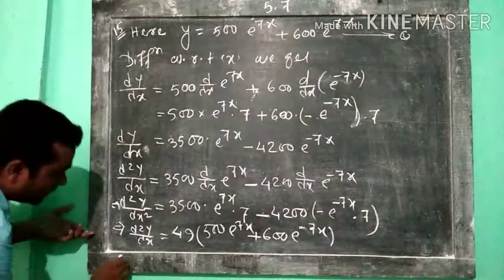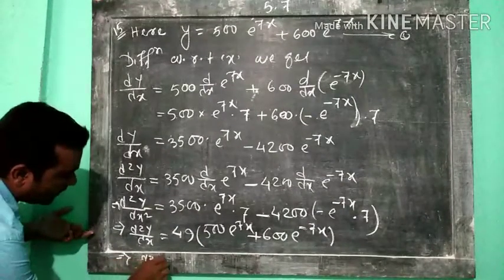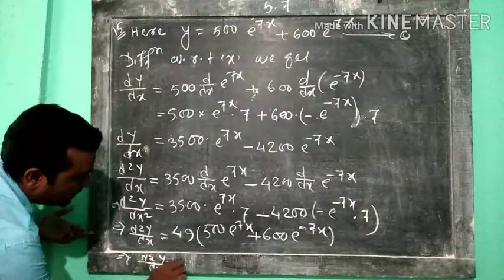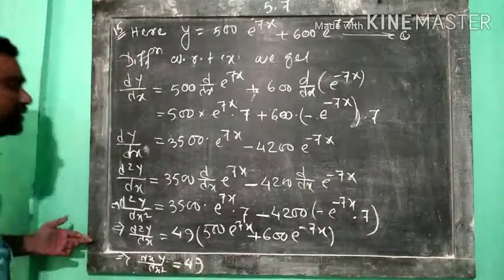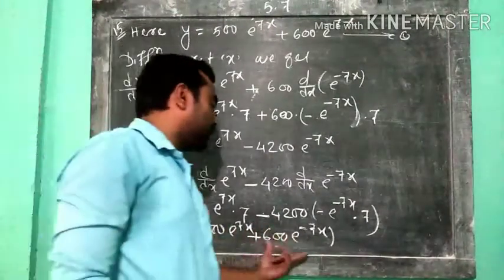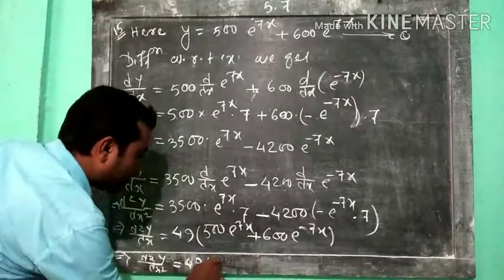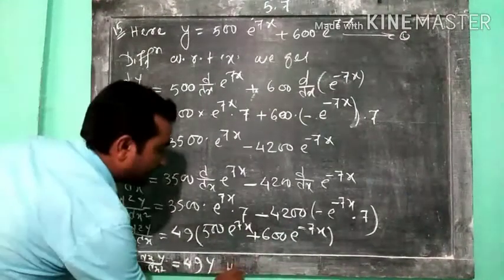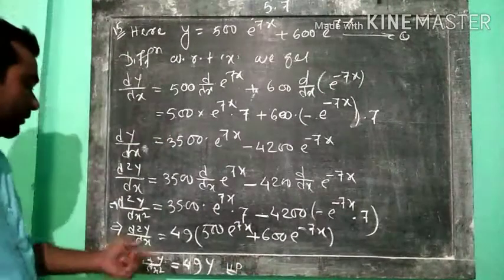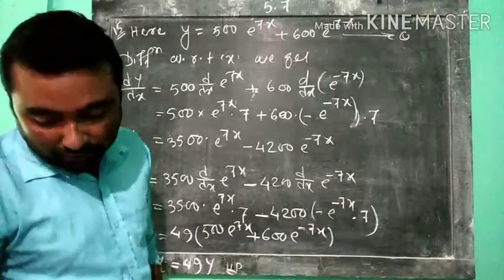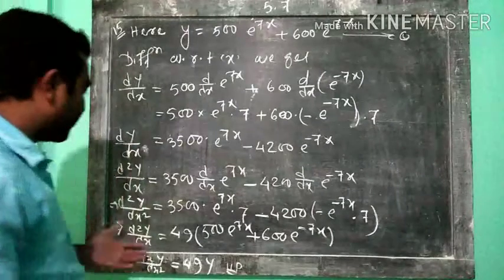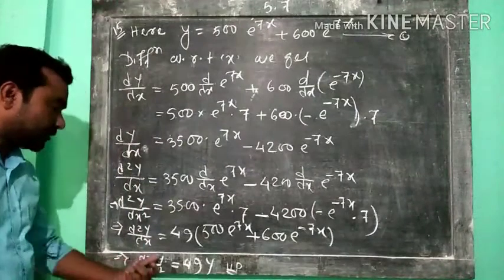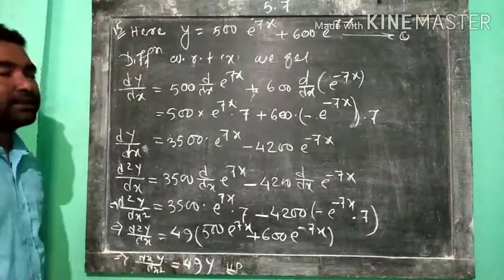So d2y/dx2 is equal to 49, and the value of this bracket is y. This is equal to 49y. This is the answer, hence proved. We had to prove that d2y/dx2 equals 49y. So lastly we get d2y/dx2 equal to 49y. This is the answer.